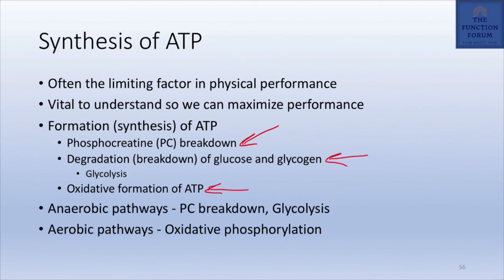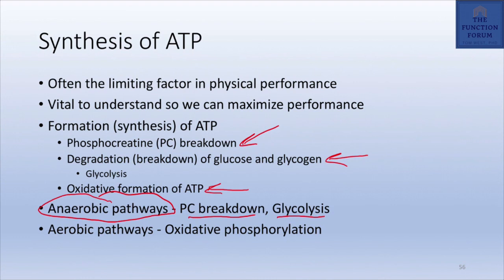There are terms I've used already that you should make sure you know to understand these different energy systems. Anaerobic pathways: the term anaerobic means without the presence of oxygen. It does not require oxygen to work. So the PC, or the immediate energy system, and anaerobic glycolysis are going to be systems that do not require oxygen.